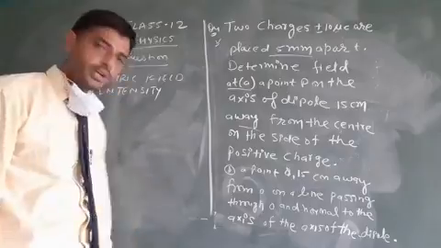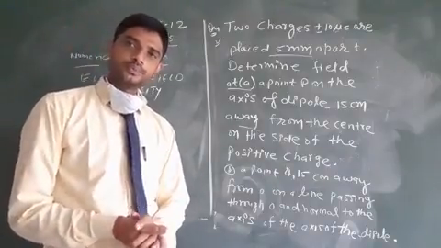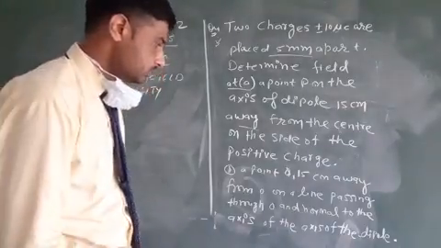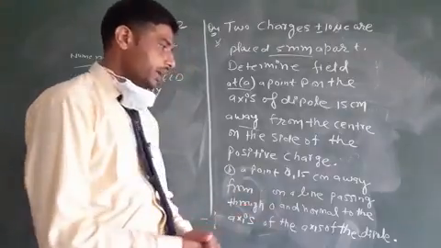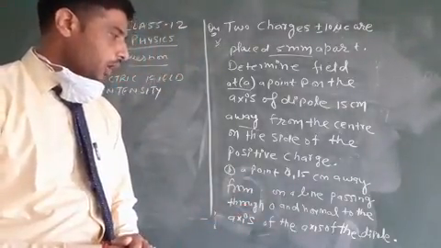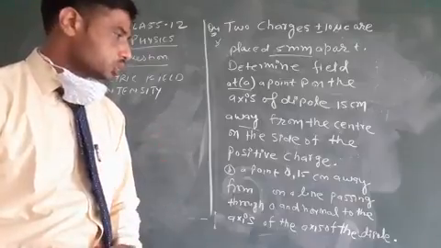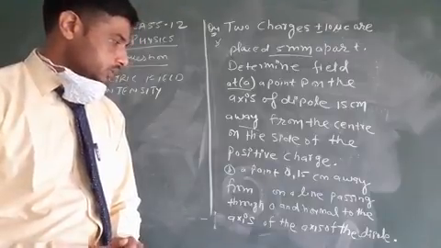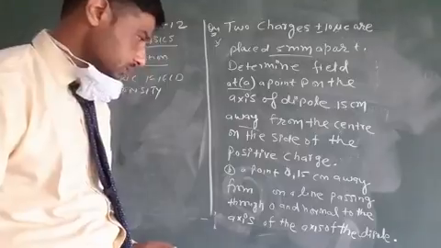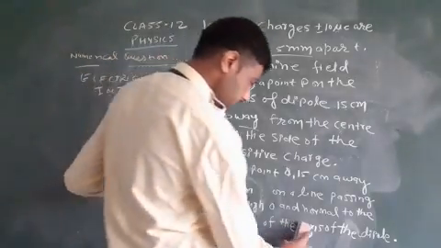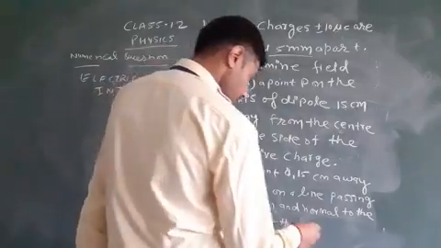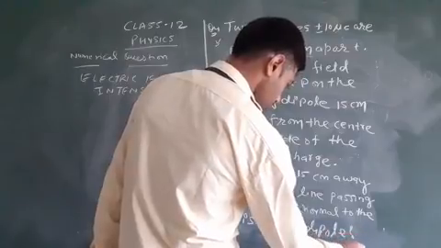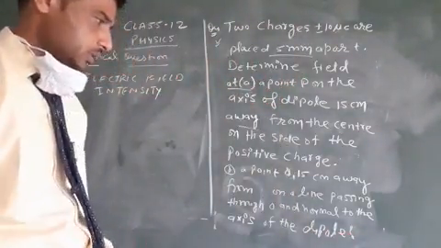And the second, a point Q, 15 centimeter away from O, on a line passing through O and normal to the axis of the dipole. So this is the question.